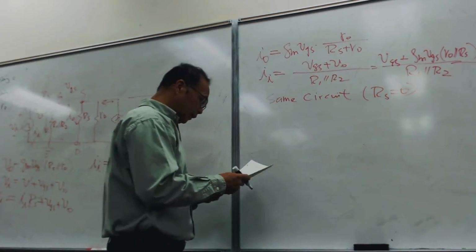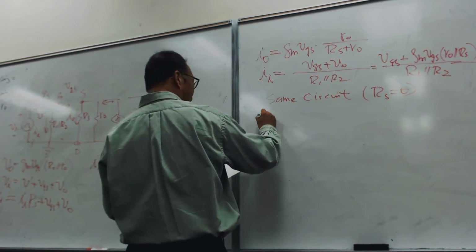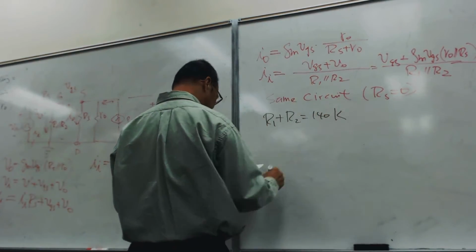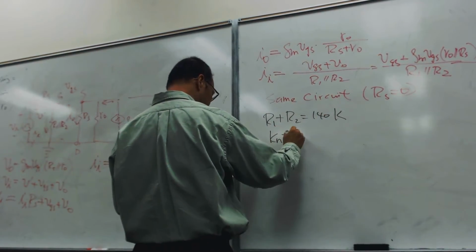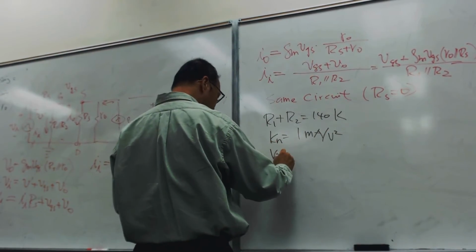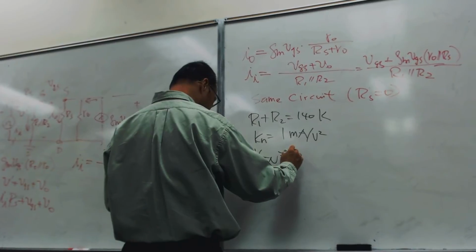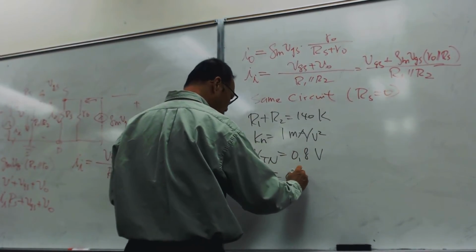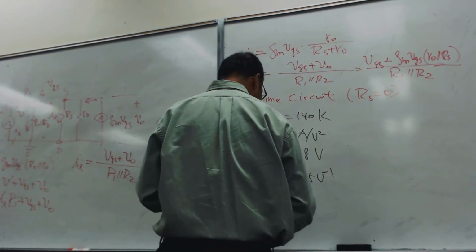With the same circuit, I have R1 plus R2 equal to 140K, Kn equal to 1 milliamp per volt squared, V sub TN equal to 0.8 volts, lambda equal to 0.015 volt to the minus 1.